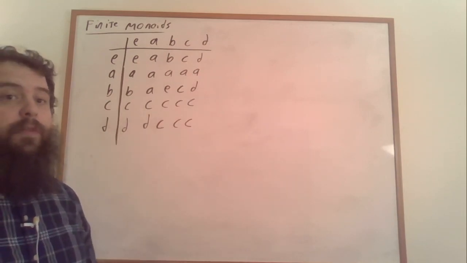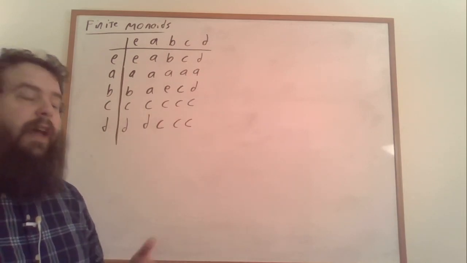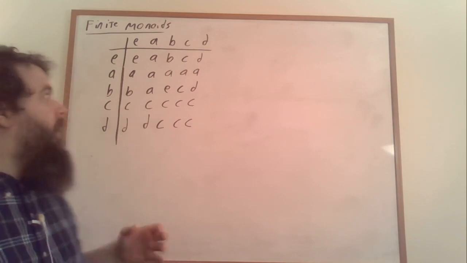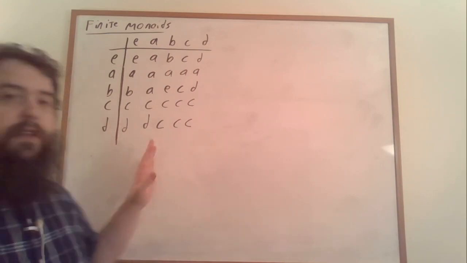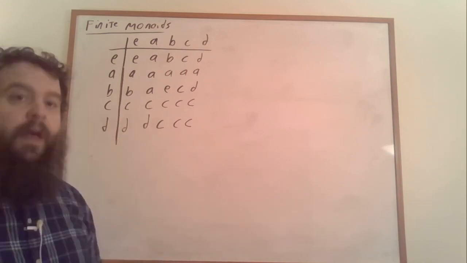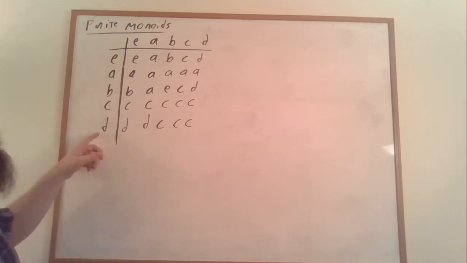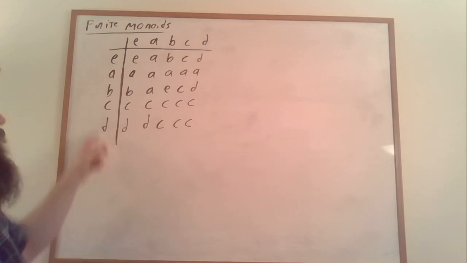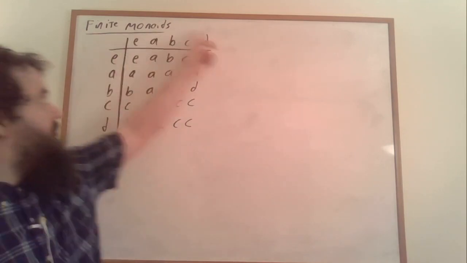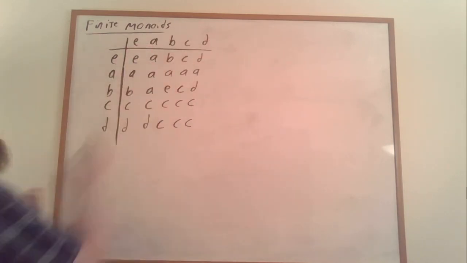The order that you multiply things in matters, and so I want to be really clear on the convention that I'm using for these multiplication tables. If we're multiplying together two elements of our monoid, I'm going to want this to be the first multiplicand and this to be the second multiplicand.